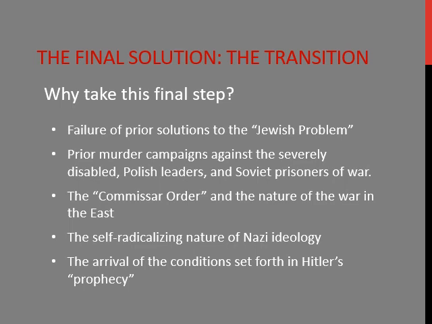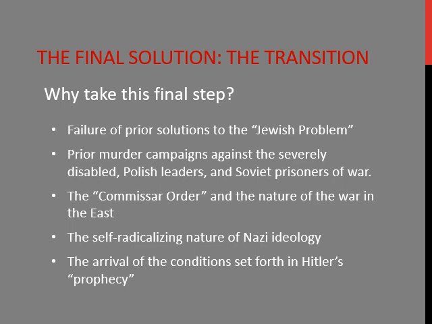Then, at the beginning of Operation Barbarossa, when they invaded the Soviet Union, in the first couple of months, they took approximately 3 million Soviet prisoners of war, far more than they were prepared to handle, and they subjected them to mass murder.